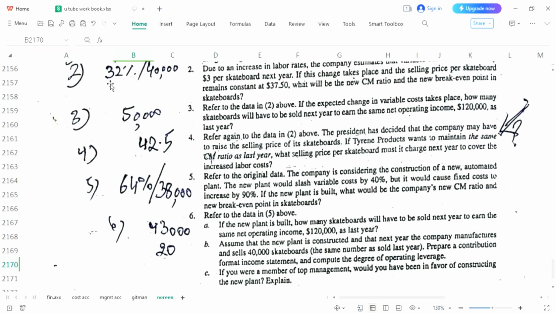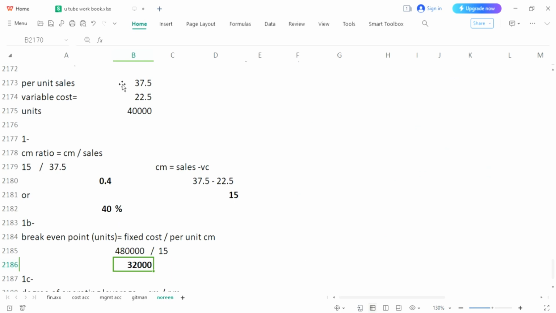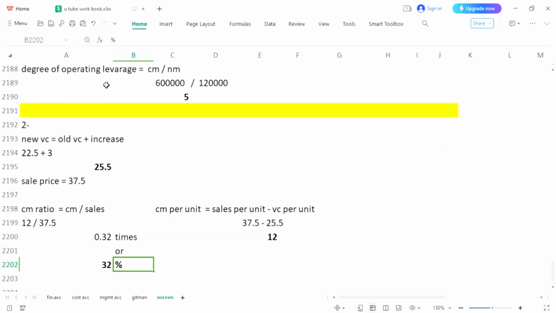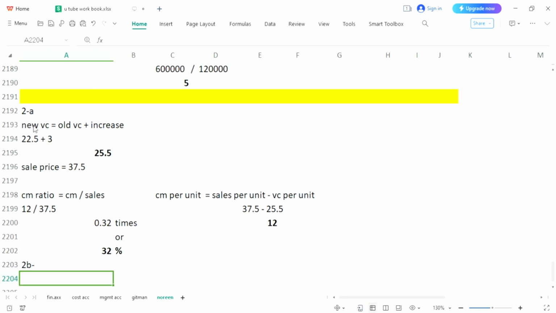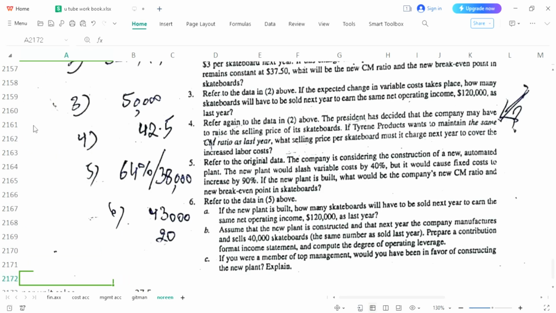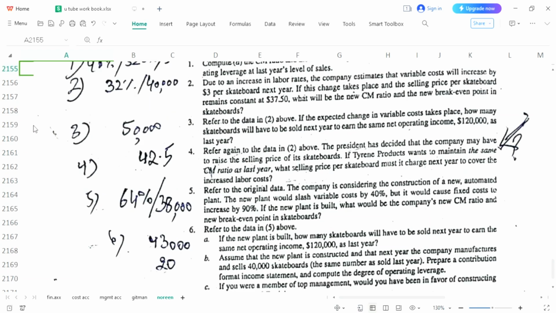And here you can see second part we are doing, and answer is 32%. This is 2A part. And now 2B part would be calculated. In part 2, we were asked to calculate new CM ratio and new break-even point in terms of units.